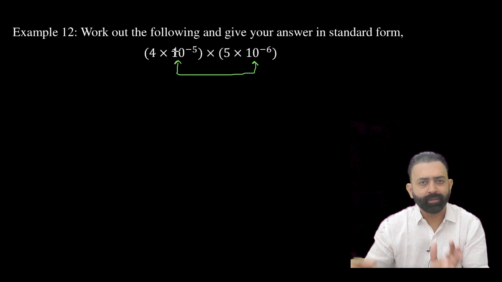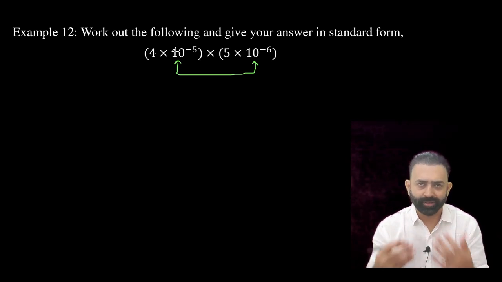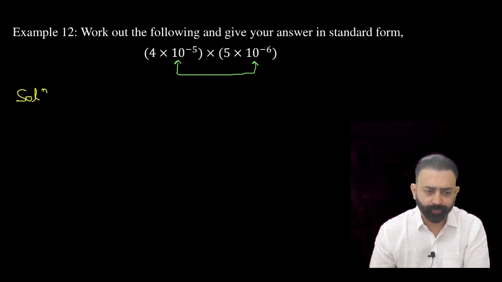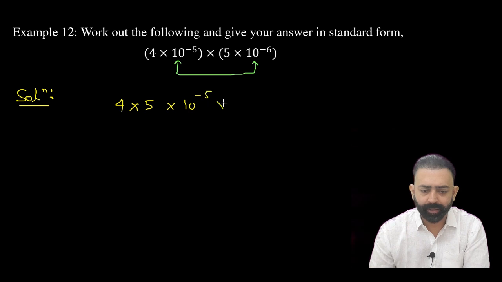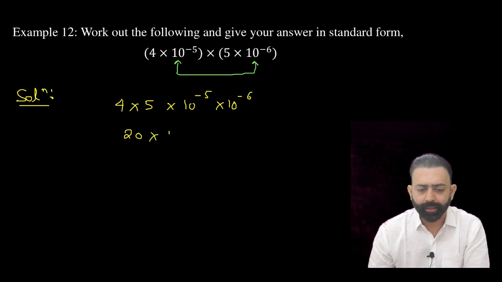So we can multiply the 10's exponent separately and these numbers 4 and 5 separately. So solution is that I can write this as 4 into 5 and then multiply this 10 raised to the power minus 5 and 10 raised to the power minus 6. Same base, exponent gets added, and I multiply this 4 with 5 as 20. I get 10 raised to the power minus 11.